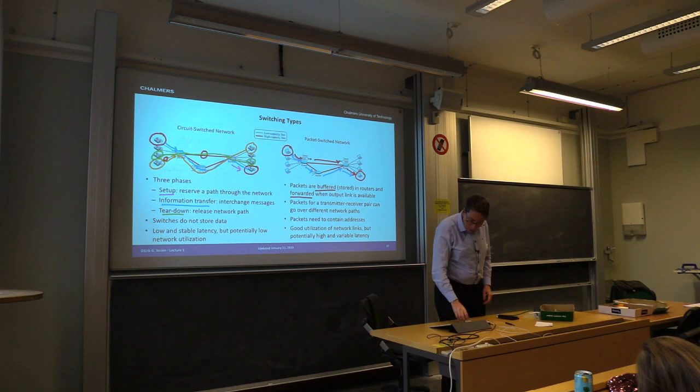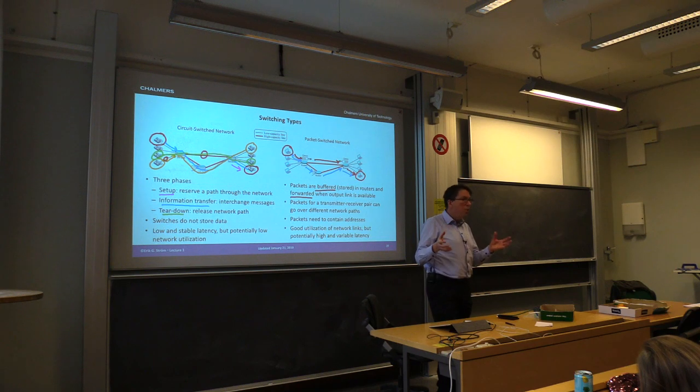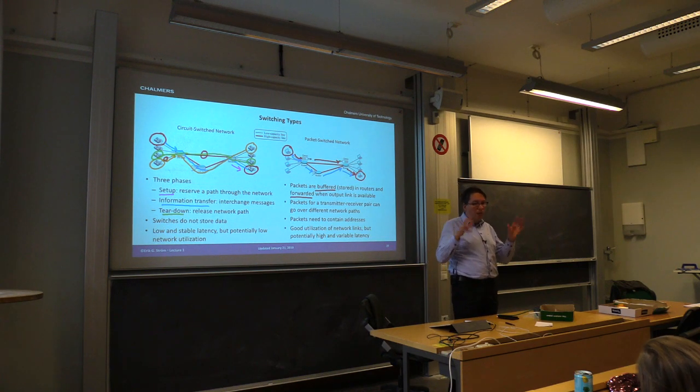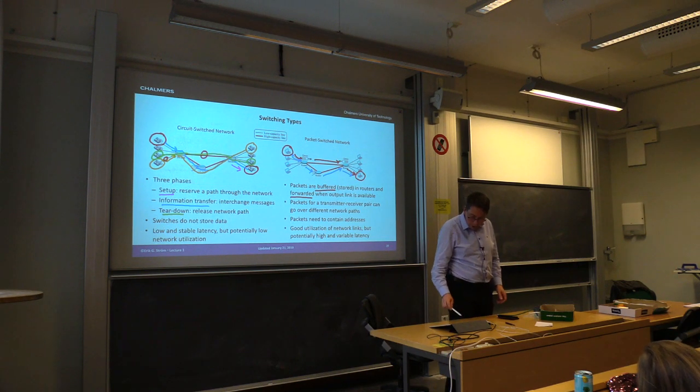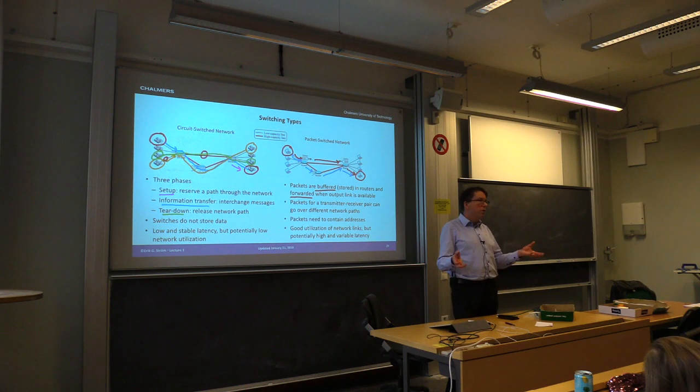Now, a typical example, or if you want to have a mindset of what a typical circuit switch network is, old-style telephony. If you want to think of a packet switch network, you can think of this as maybe the old-style telegram network, or for instance, when you send a letter in regular snail mail, right?